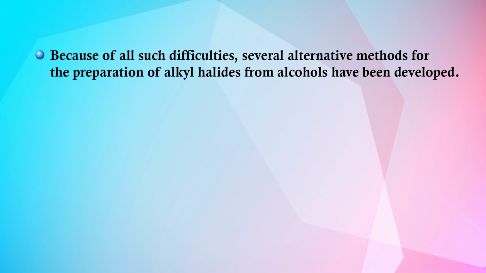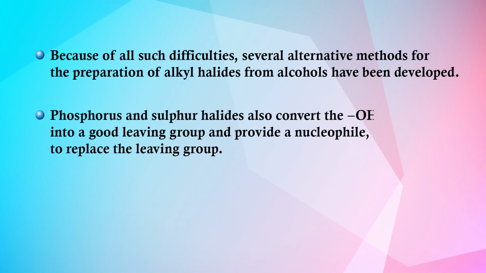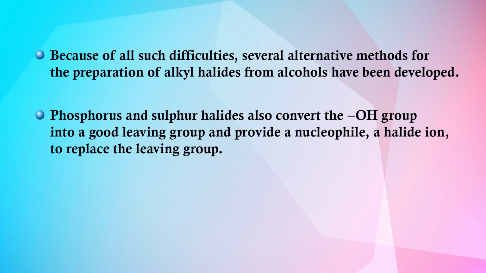Because of such difficulties, we have several alternative methods for preparation of alkyl halides from alcohols. As I said in the beginning of the lecture, phosphorus and sulfur halides are better halogenating agents, as they convert the OH group into a good leaving group.